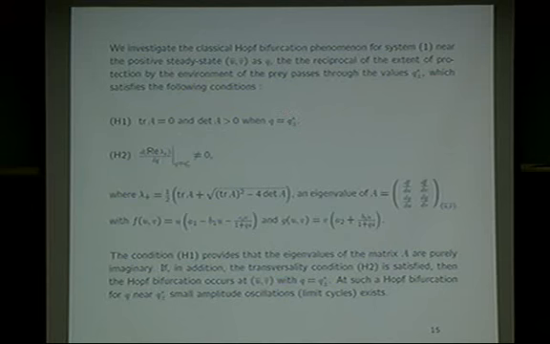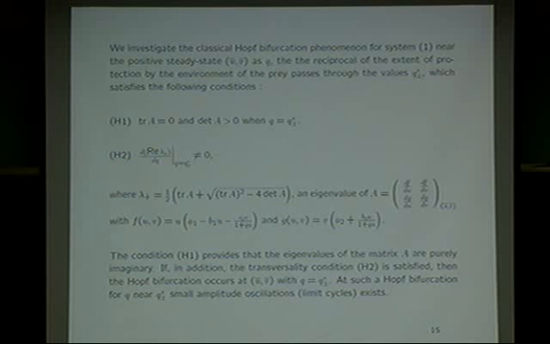And around the bifurcation value, the real part of the eigenvalue should be non-zero. So the condition H2 is the transversality condition. So if we have these two conditions satisfied, then we see Hopf type bifurcation occurs. Then we have a small amplitude limit cycle solutions around this positive steady state.